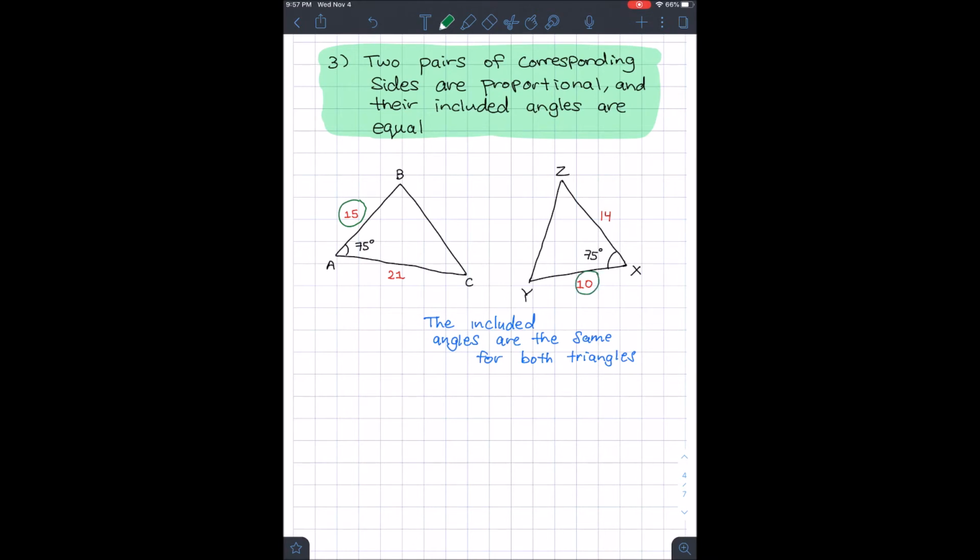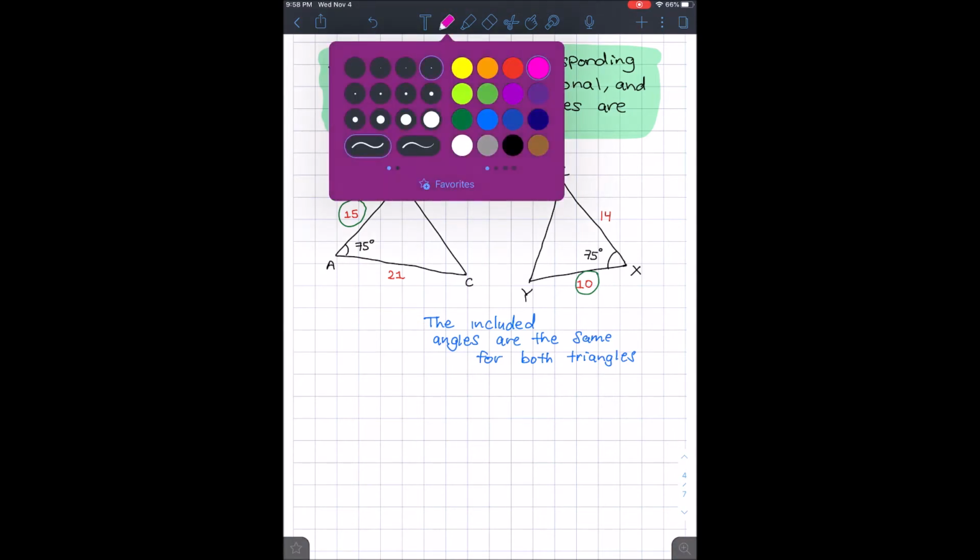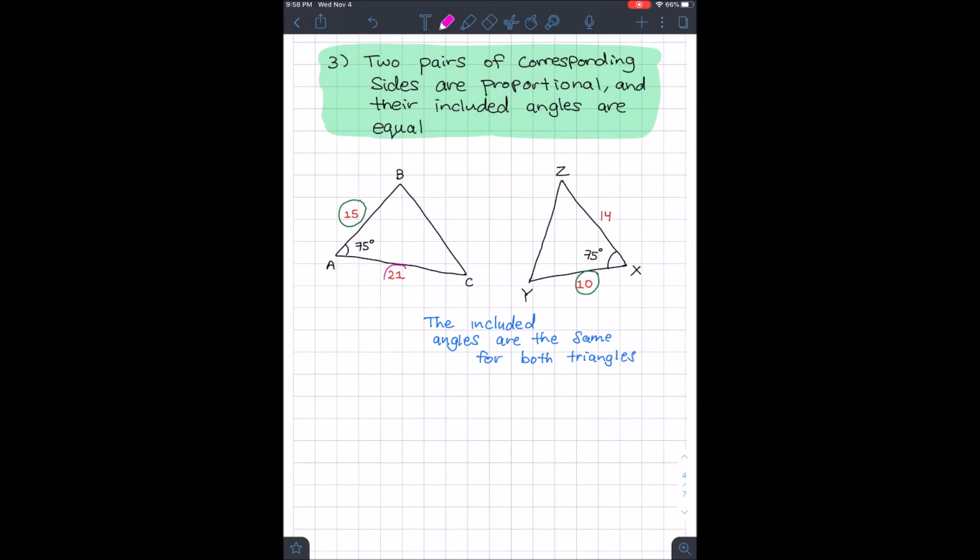So it only makes sense that these two sides correspond to each other. And the larger side is 21. So on the other triangle, 14 would be the corresponding side.